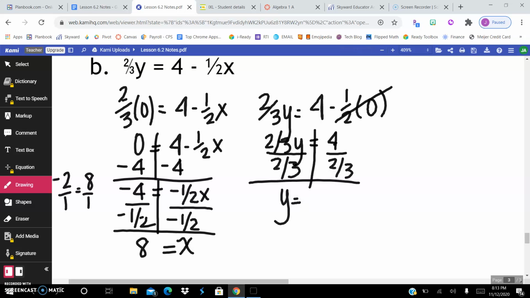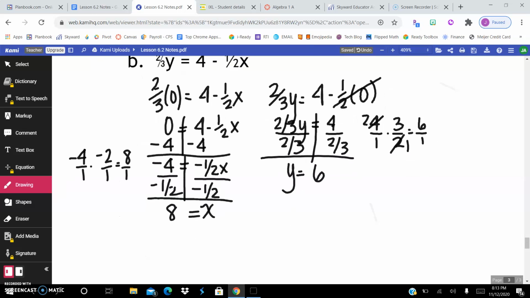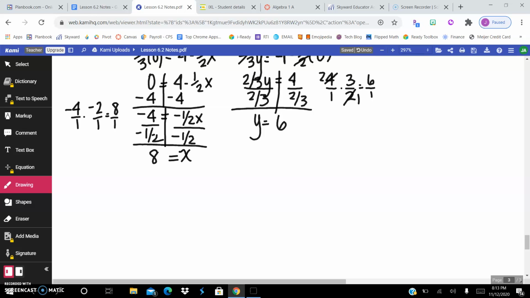So y equals, and then keep the 4, make it a fraction, change to multiply, and flip 2/3. It becomes 3/2. The 2 and the 4 can be cut in half, so I end up with 2 times 3 on the top, which is 6, and 1 times 1 on the bottom, which is 1, and 6/1 is the same thing as 6. So our x-intercept is 8, y-intercept is 6, so they're both positive.